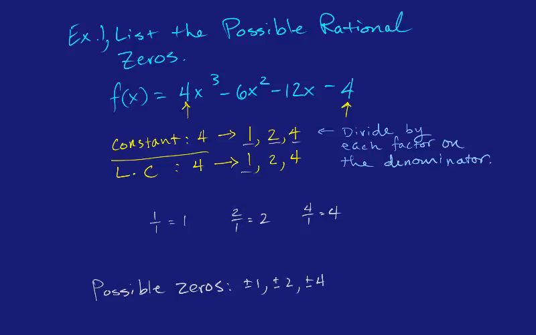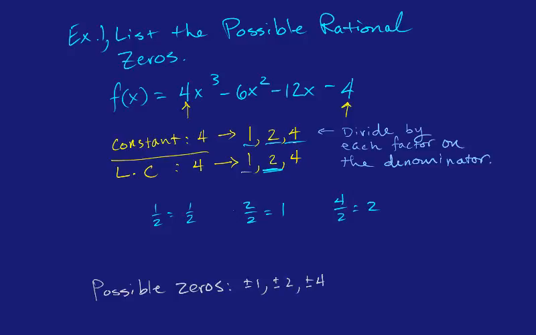And then you just keep doing it. Now I'm going to take 1, 2, and 4, and divide them by 2. 1 over 2 is 1/2, 2 over 2 is 1, and 4 over 2 is 2.